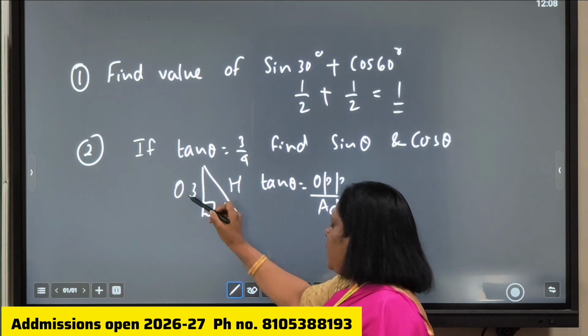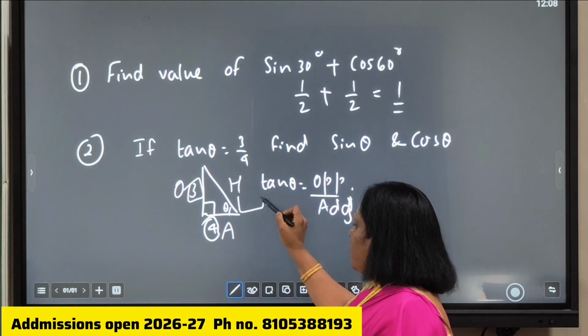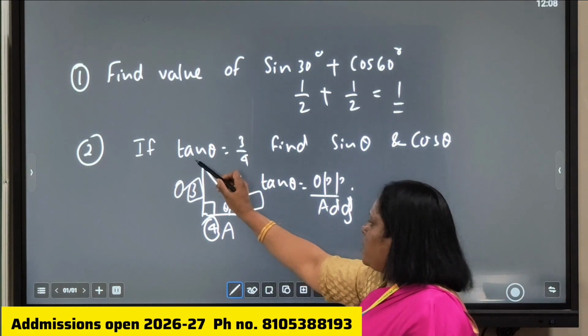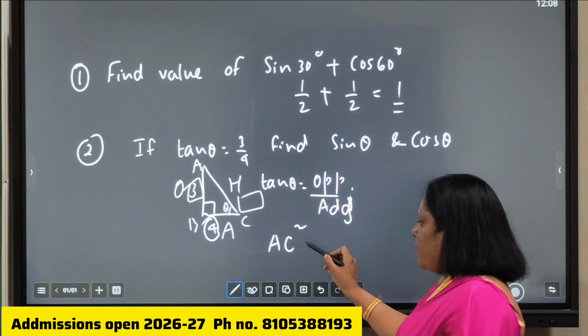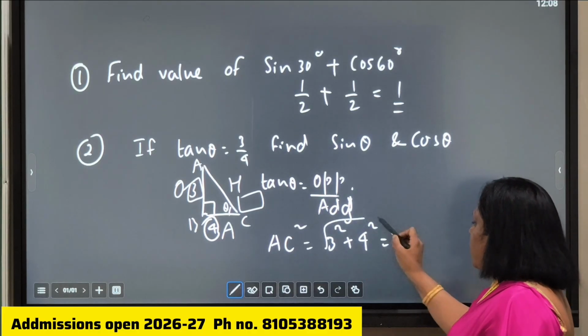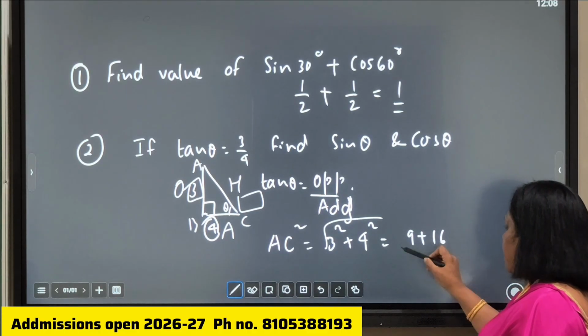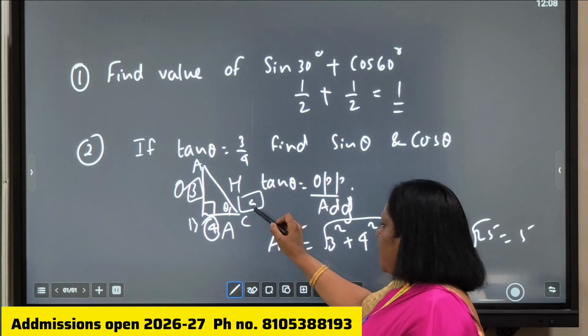So this is 3 by 4. We need to identify the hypotenuse side. In triangle ABC, using Pythagoras theorem, we can say the root of 3 square plus 4 square, 9 plus 16, gives you root of 25, which is 5. I have found out the hypotenuse side.